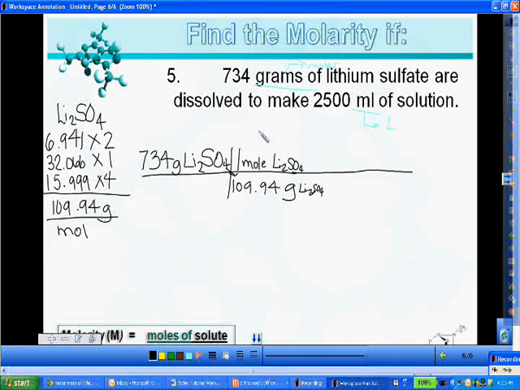So now that we have the moles, we can divide by our liters of solution. However, we do not have liters yet, and so we can do it like this: 2,500 milliliters. We know that in 1 liter, there are 1,000 milliliters. We can divide that out. Should equal 2.5 liters.